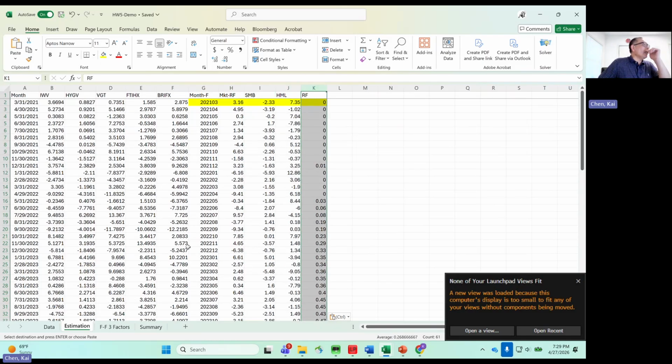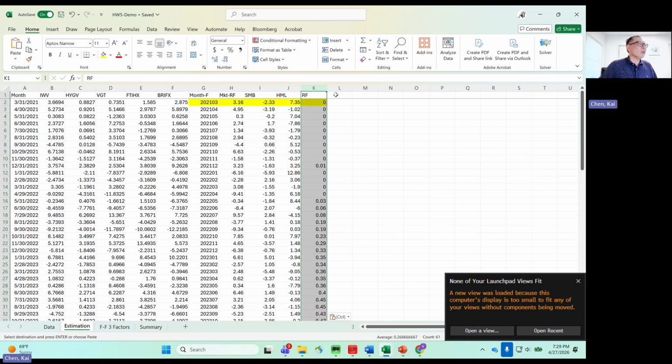Now, we want to have the return on the market portfolio. So what is the return on the market portfolio? Of course, the return on the market portfolio should be the market risk premium plus the risk-free rate, right?